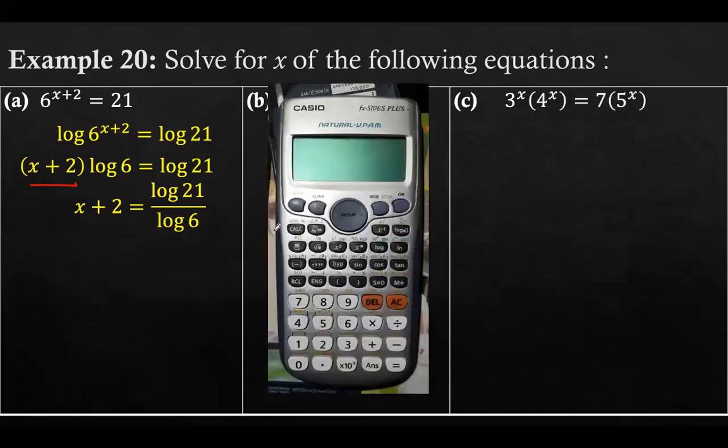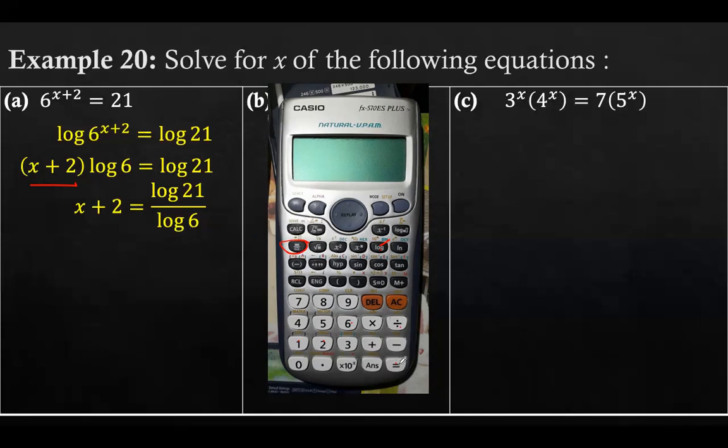If you use the calculator, how do you find this part? We just use the log button, press 21, divide by log again, then 6, then equal. Or you can use the fraction button: numerator is log 21, denominator is log 6, then equal.